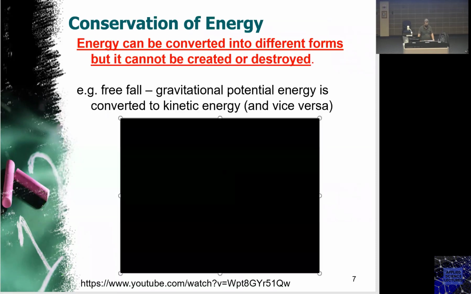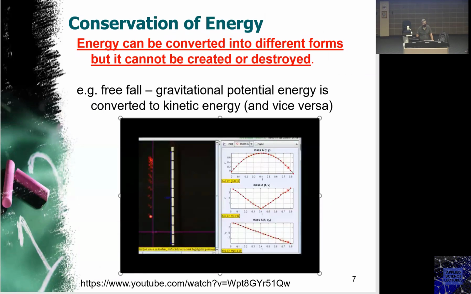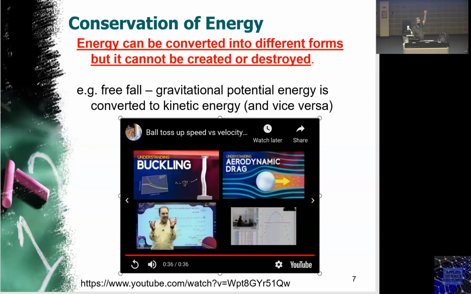Let's watch this movie. In this movie, as you can see, someone is throwing the ball straight up, giving it an initial velocity at that reference point. If we assume that this reference point has zero gravitational potential energy, then this ball has only kinetic energy, right? This ball is going to go up until it reaches its maximum height.